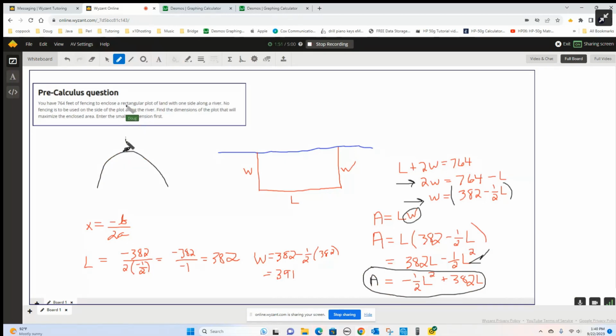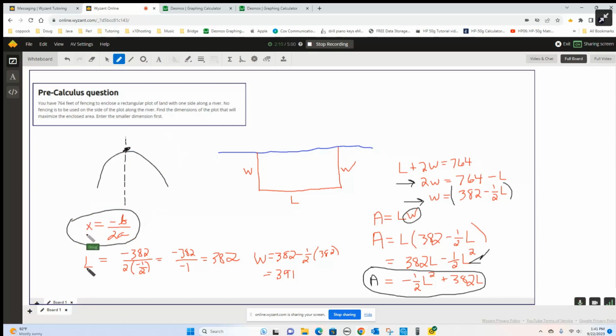And the vertex of a parabola lies on the axis of symmetry, and a formula for the axis of symmetry is the opposite of B over 2A. There's other ways to locate the x-coordinate of the vertex, but this is probably the easiest one.